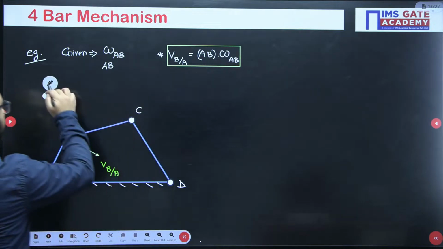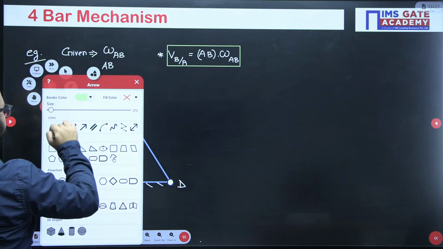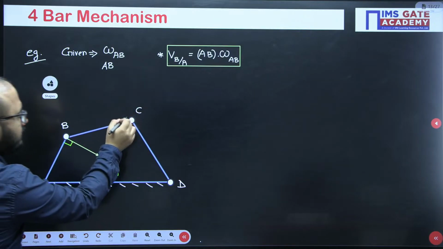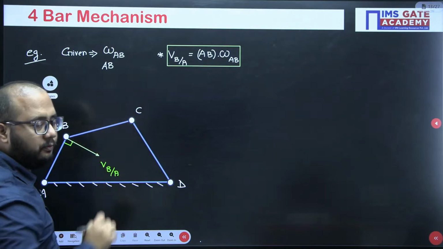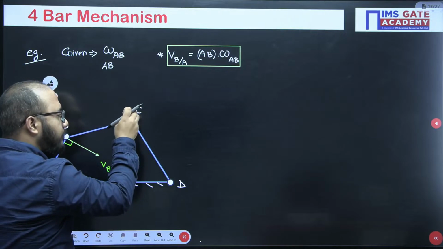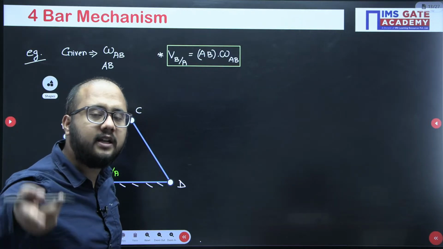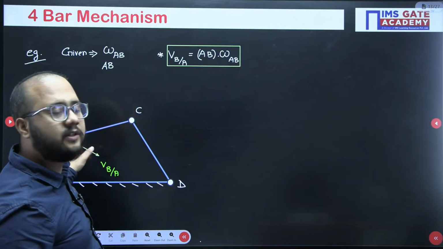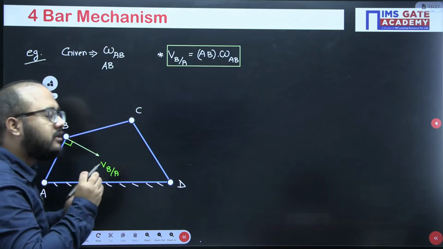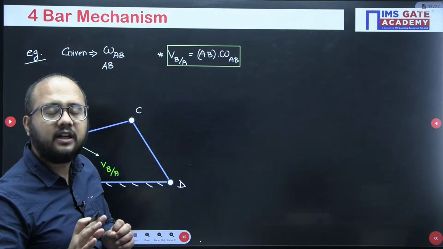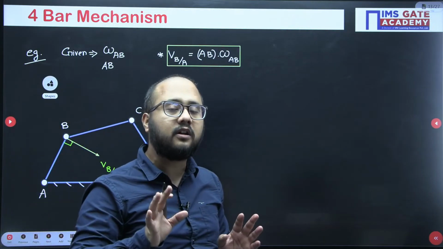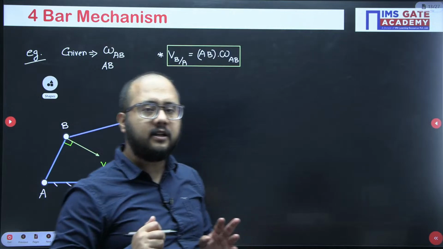Now, the next thing is the velocity of point C with respect to B. For that, we need to understand what kind of motion point C will perform with respect to B. Whenever I say with respect to a point, that point becomes the reference point.